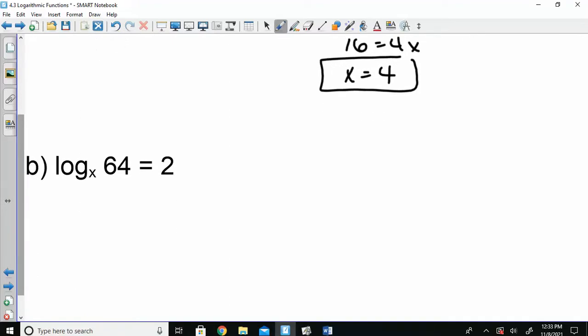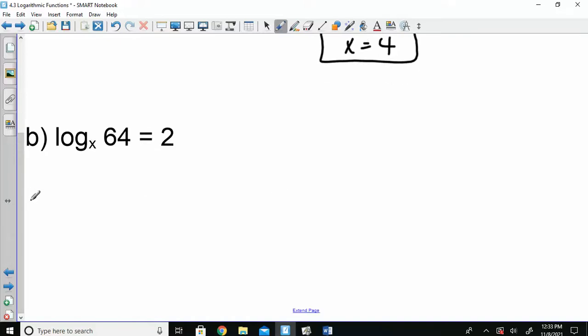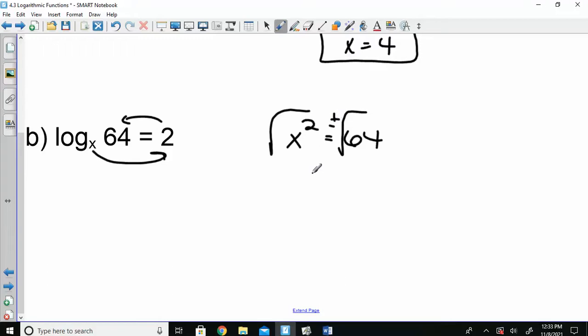All right, let's look at this one. So if I wanted to write this in exponential form, what would we do? To get rid of the second power, we would take the square root, and when you take a square root, you need plus or minus, but x can only be positive.